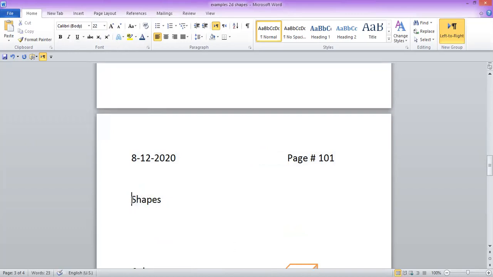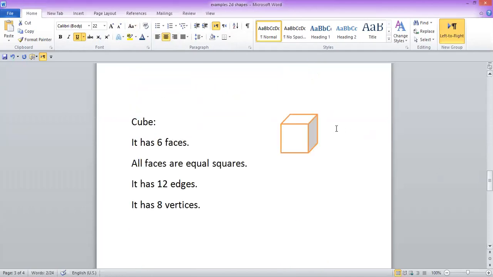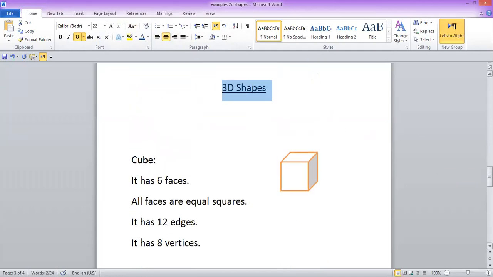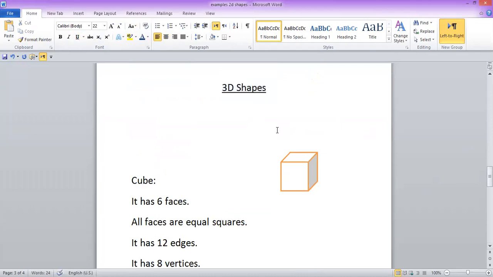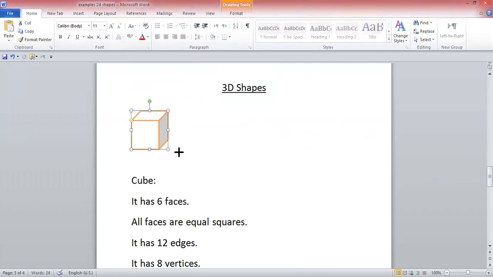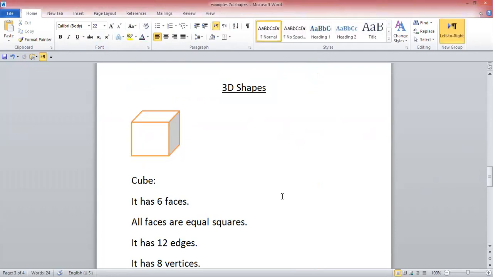This is 3D shapes. Cube. It has 6 faces.